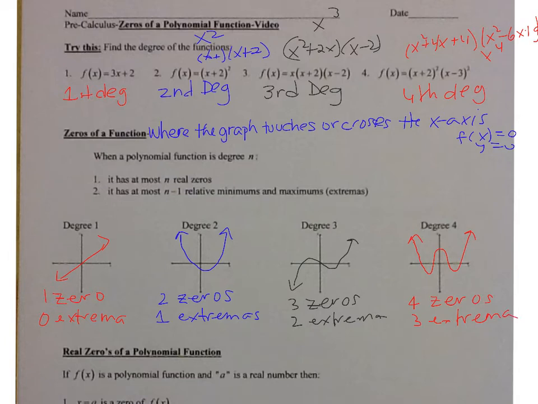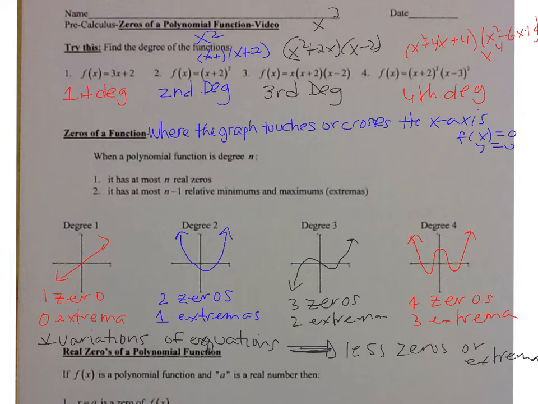So these are just types of degrees of the polynomials. There are variations. So variations of equations will result in less zeros or extrema.